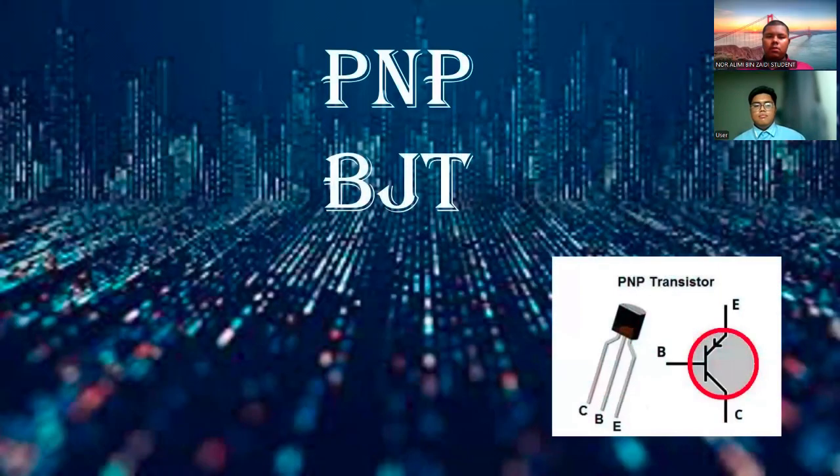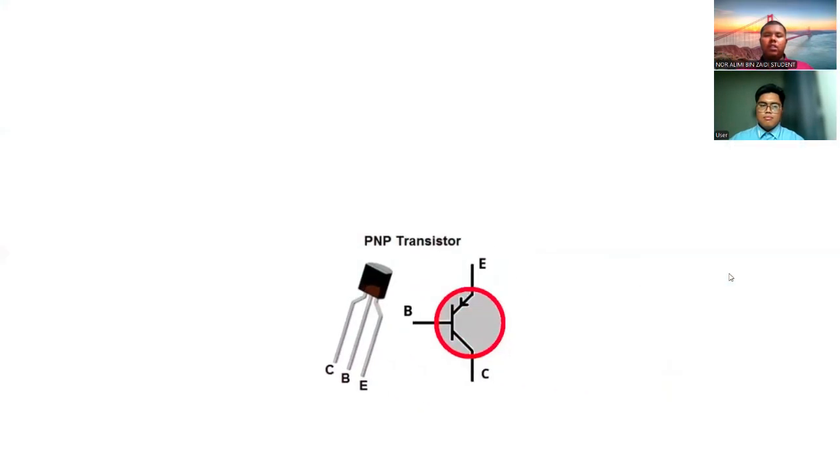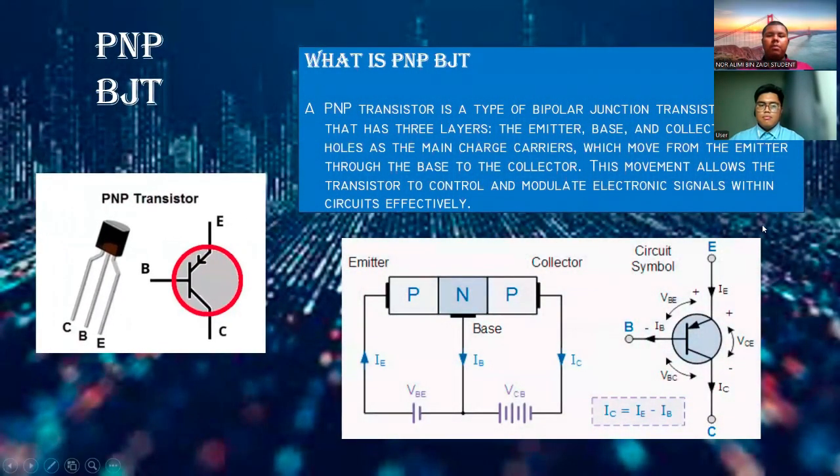As you can see, the PNP transistor is considered CBE: collector, base, emitter. We can see that the current flows through the emitter, going through the base and out to the collector. First, what is a PNP BJT?